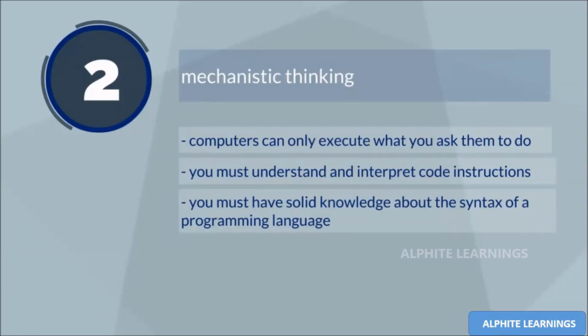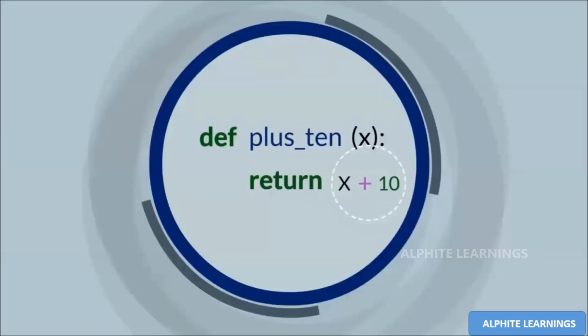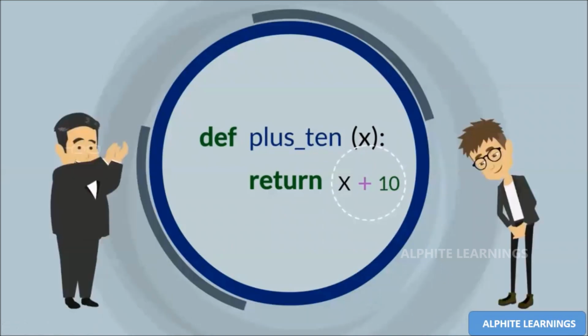So you should have better knowledge of the syntax of that particular programming language. Here I'm calling a function called plus 10, where I get a number, store it as a variable x, and return x plus 10. I did it, and I got applause, a reward from my boss.